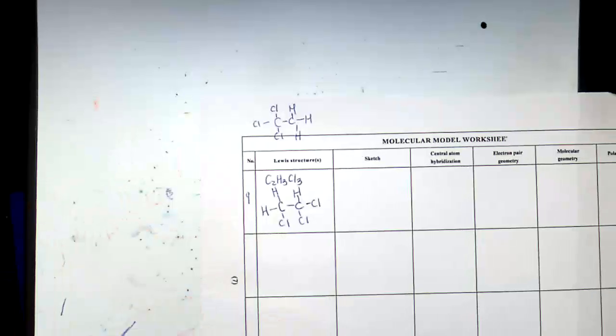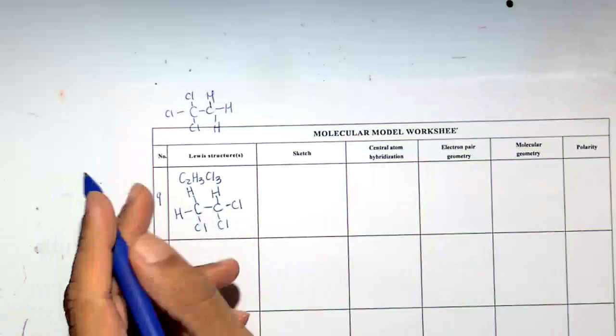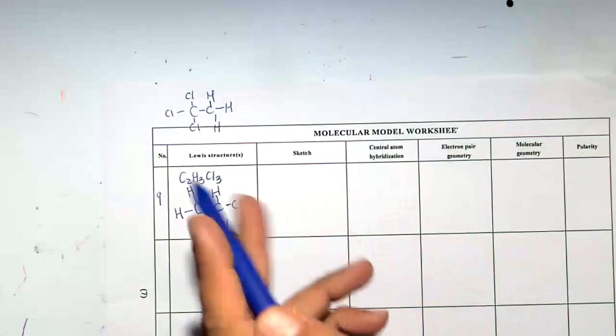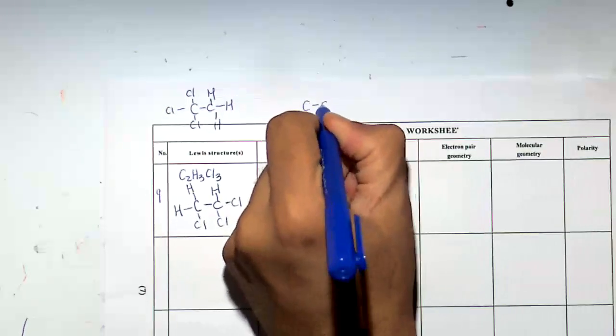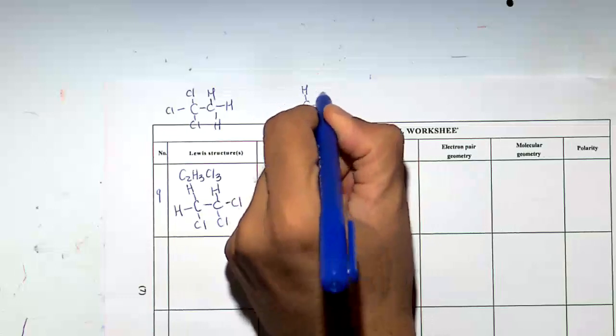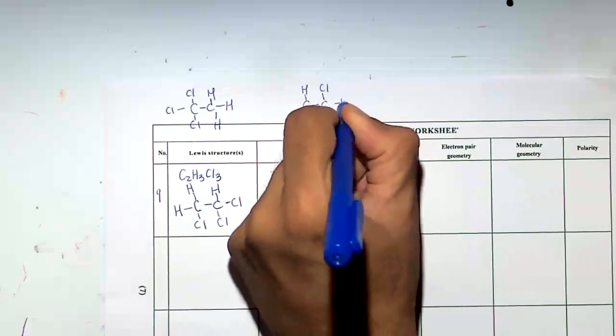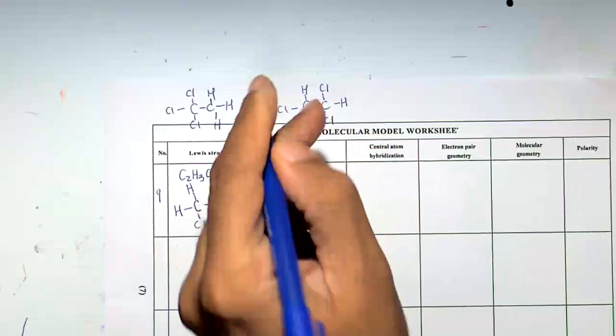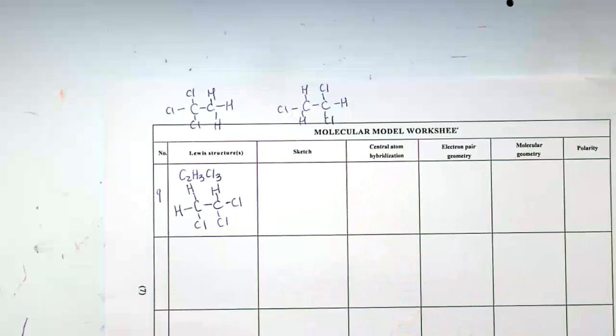There's really many ways to draw it, but it doesn't matter the order at this level. Or you could draw it like this, or in any way around those 2 carbons, as long as you get the 3 Cl's and the 3 H's in there.